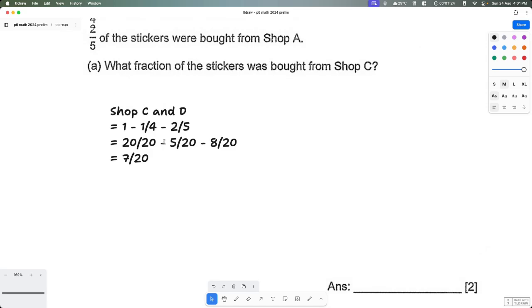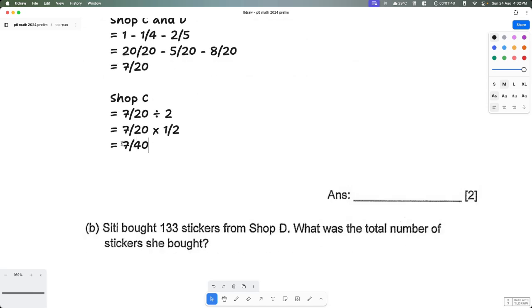So shop C would then be equal to 7 out of 20 divided by 2, which means 7 out of 20 times half. This will be 7 out of 40 in this case.